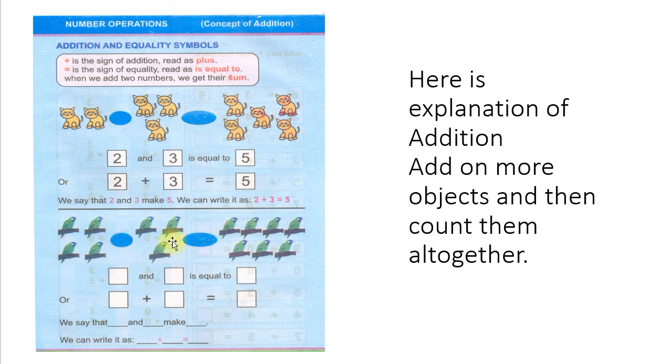Count how many they are all together. 1, 2, 3, 4, 5, 6, 7. 4 plus 3 is equal to 7. We can say that 4 plus 3 makes 7. We can write it also like this here.